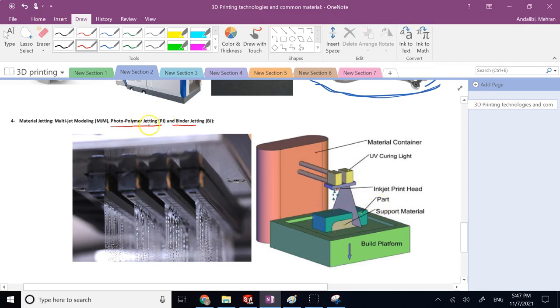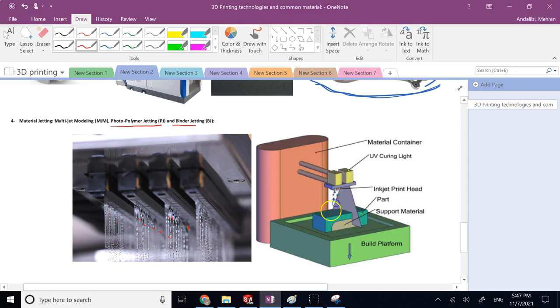If it's just the polymer jetting, you have lots of drops of the resin that come from all of these holes beneath the bottom face of the printer.